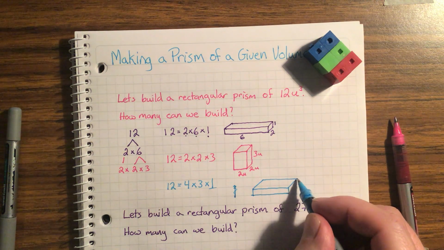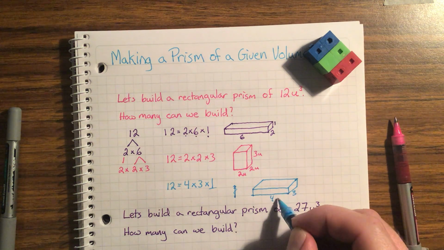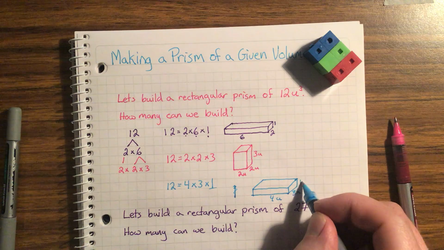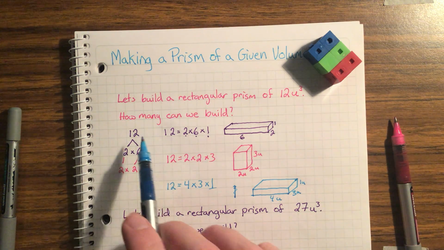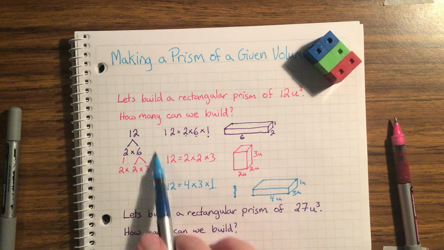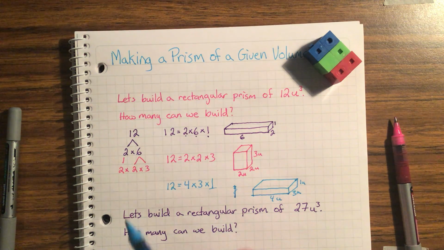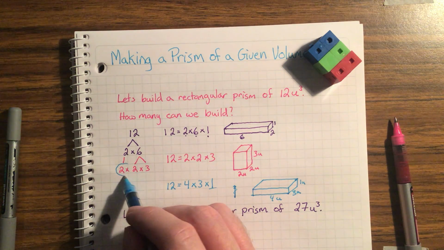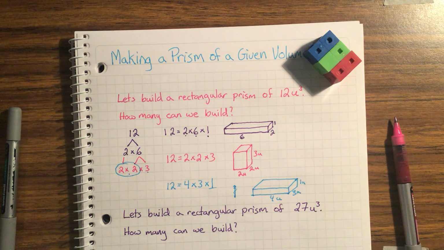So it'll look something like this. 4 by 3 units by 1 unit. Right, so I use this tree here to help me figure out sets of numbers that will give me 12. You can see I've got my 4 here. 2 times 2 is 4. 4 times 3 times 1.